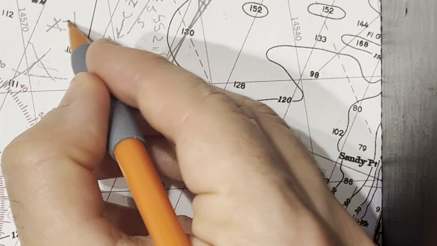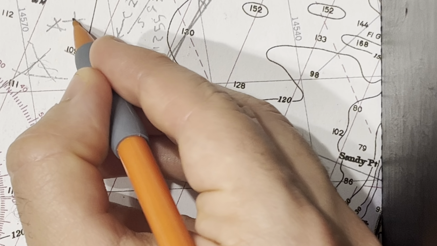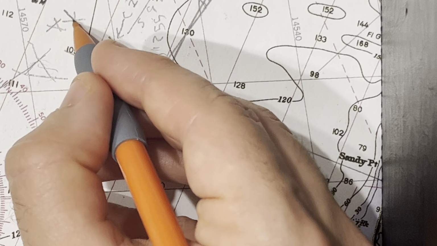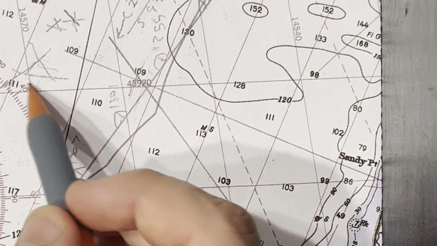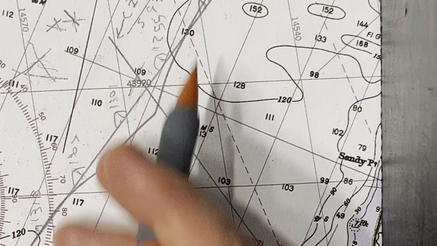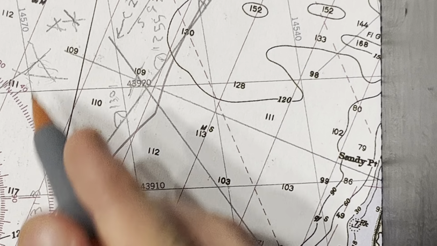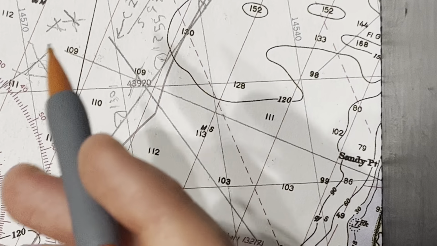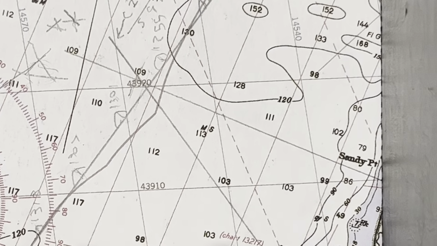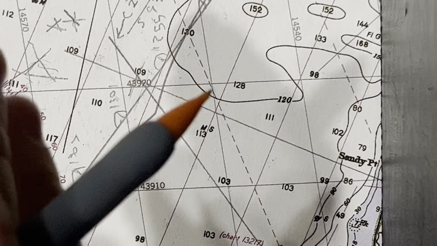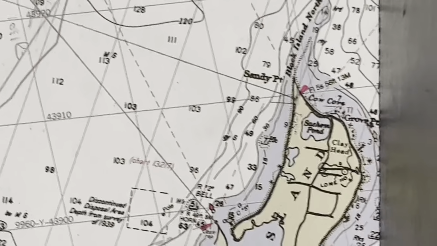Your goal always is to get a perfect pinwheel like that, where there's an obvious point where they all intersect. But that's definitely not okay. When you do this for the first time, you're gonna get ginormous triangles, like triangles the size of your entire plotting sheet, and that's obviously not anything you can use.